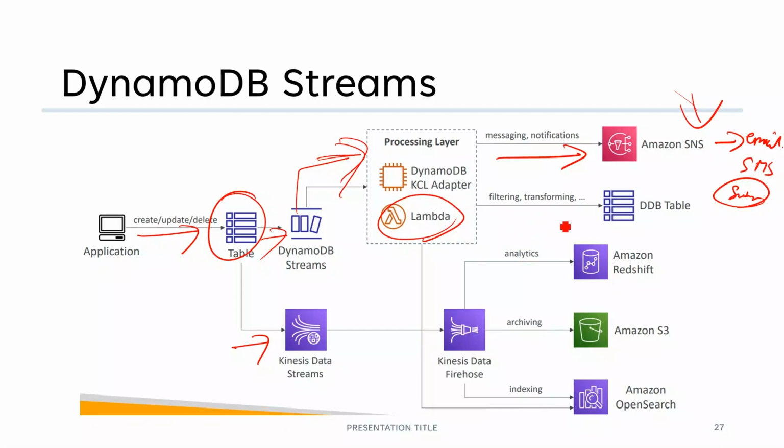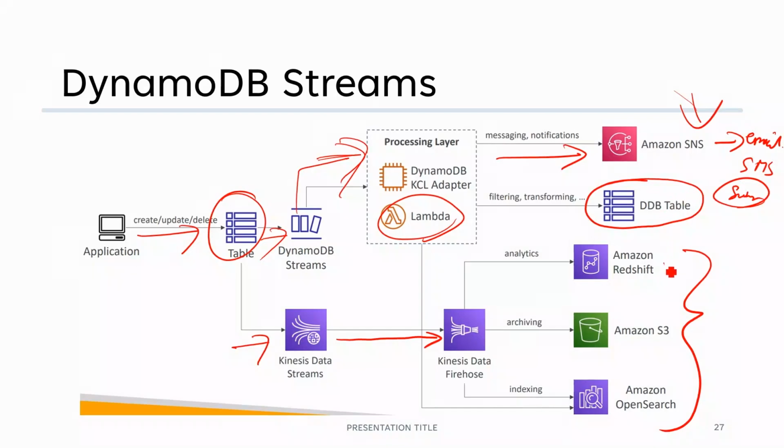You can also do some filtering and transforming, and you can store it in another DDB table. From the Kinesis Data Streams side, you can pipeline this data to Kinesis Data Firehose. Actually, Kinesis Data Firehose can send the data to three destinations: one is Redshift, one is Amazon S3, and one is OpenSearch.